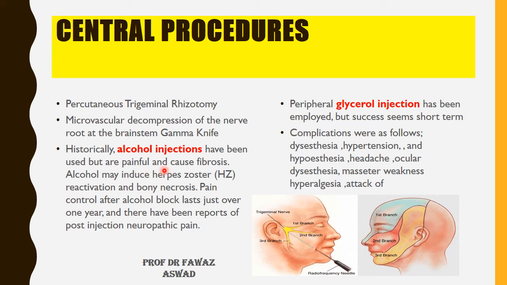The pain control after alcohol sometimes persists for 1 year, and sometimes it may be associated with post-injection neuropathy pain. Please be careful when dealing with these types of treatment, and try to carefully explain to the patient the possible complications that may be associated with this method.